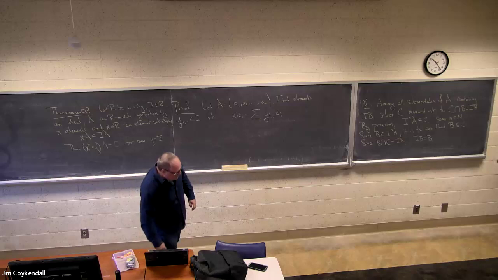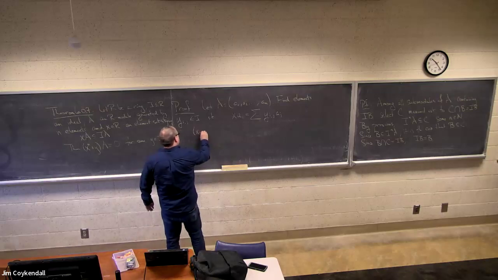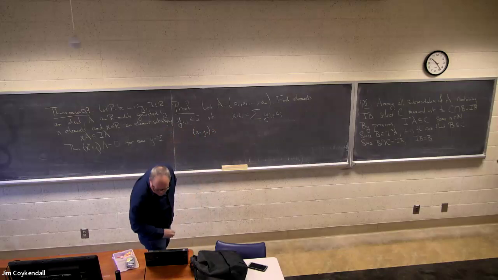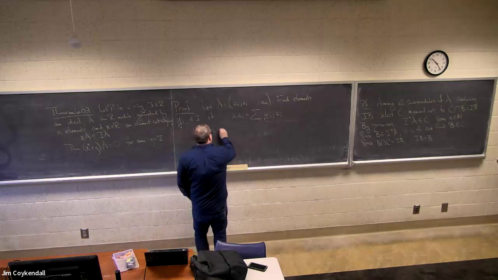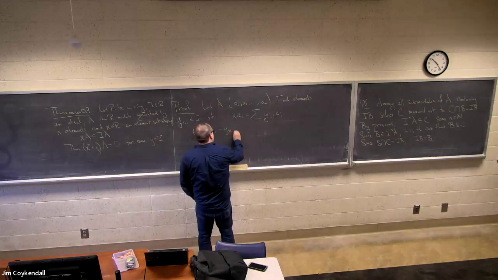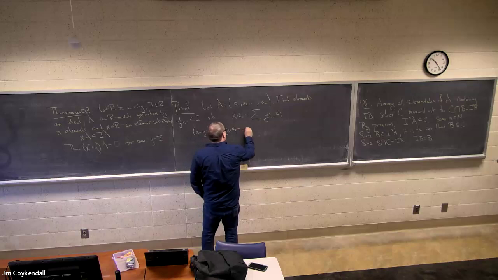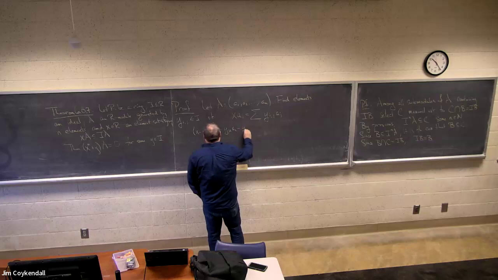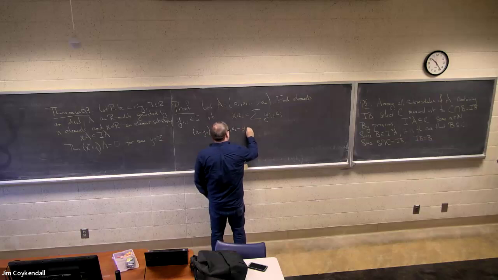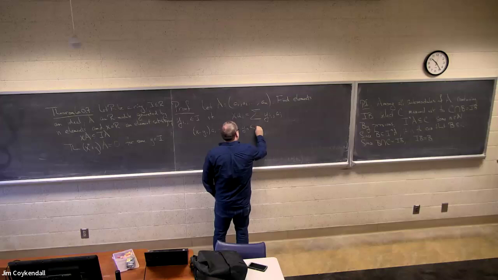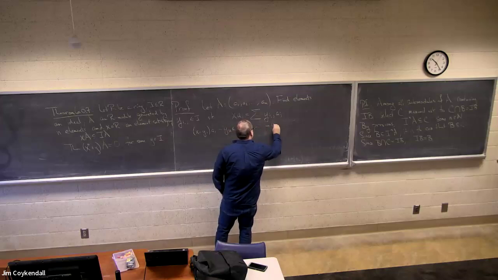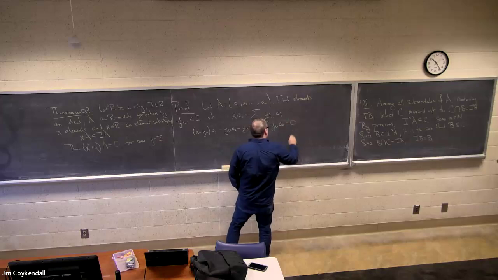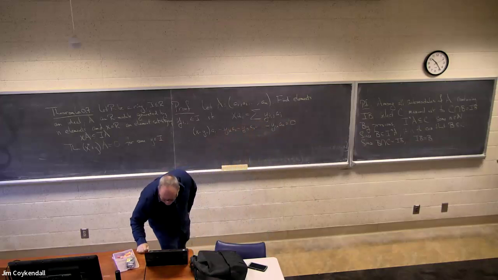Let's see, because (x minus y_11) a_1 minus y_12 a_2 and so on is equal to 0.